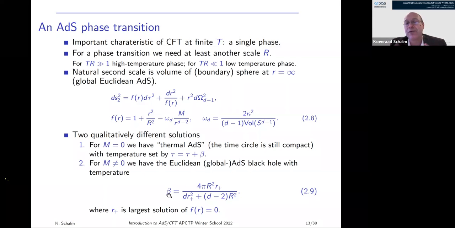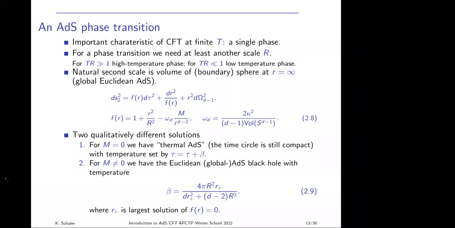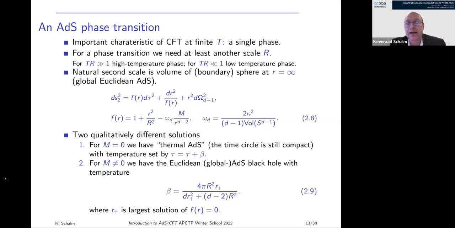Previously you showed how to compute the temperature for the AdS Schwarzschild black hole case. Is there a similar formalism for thermal AdS? No, but you don't have to. I could have presented the black hole temperature computation the other way around.